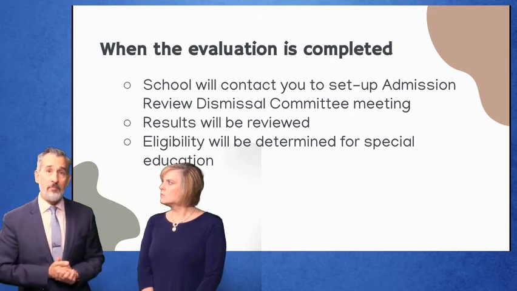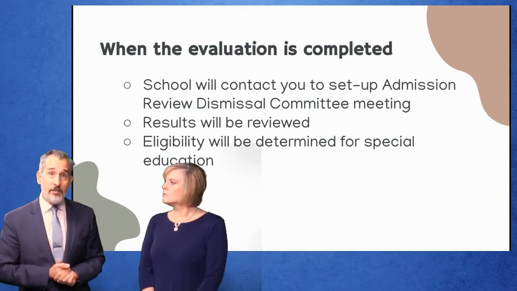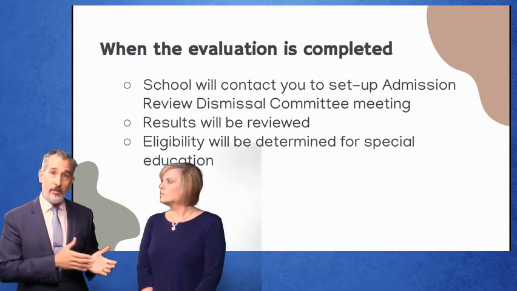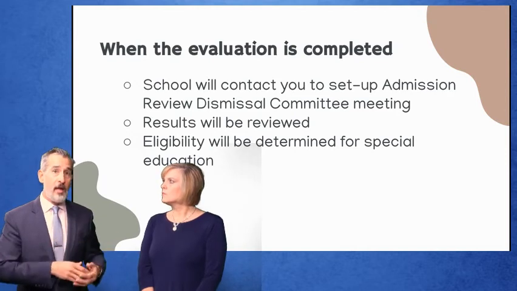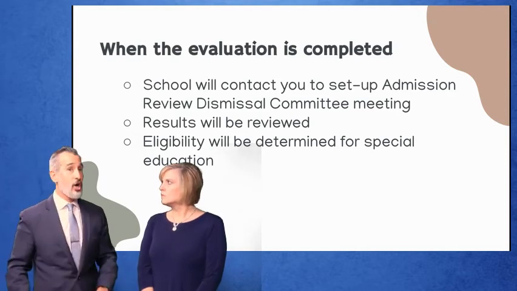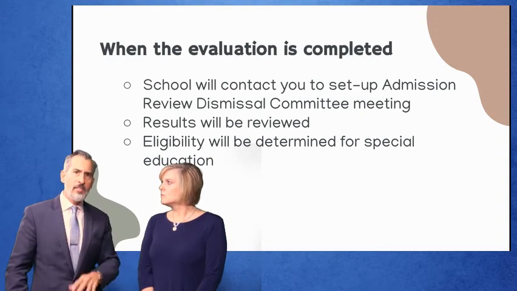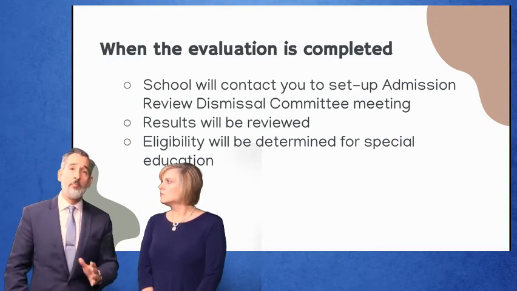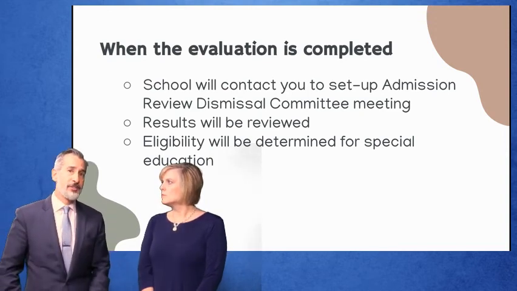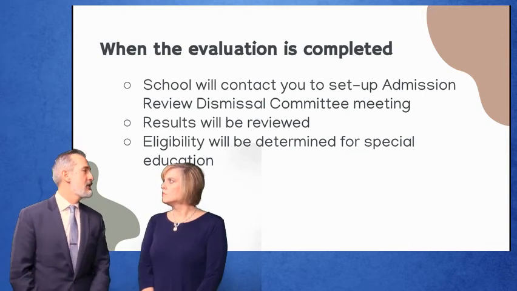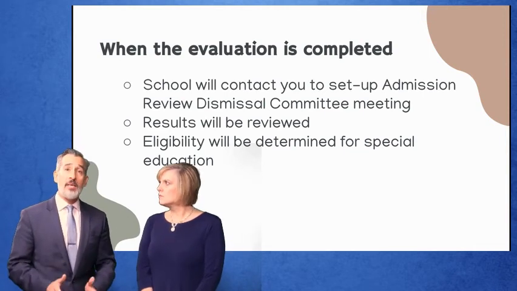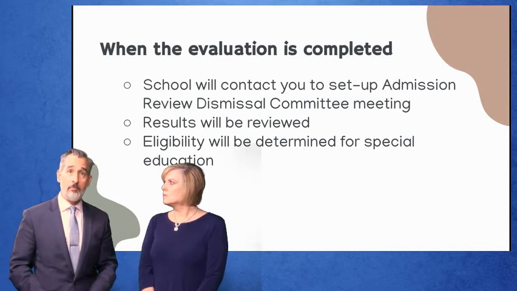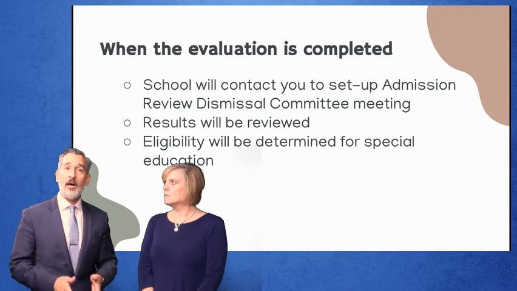And at that meeting, the committee decides, based on the evaluation and the information presented and any discussion had at that ARD committee meeting, whether or not the child meets eligibility for special education services. So a decision is made at that meeting, and that meeting must be held per the rules within 30 calendar days of the date the evaluation report is completed.